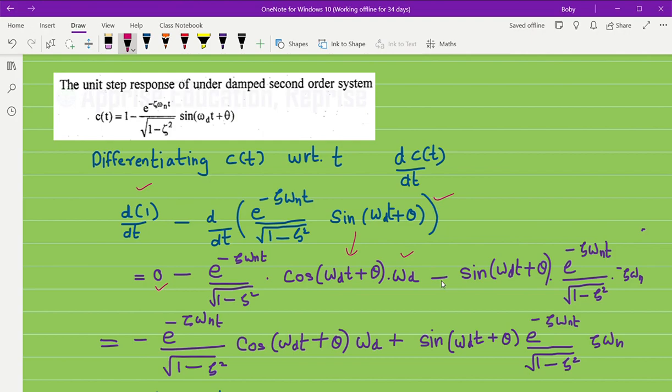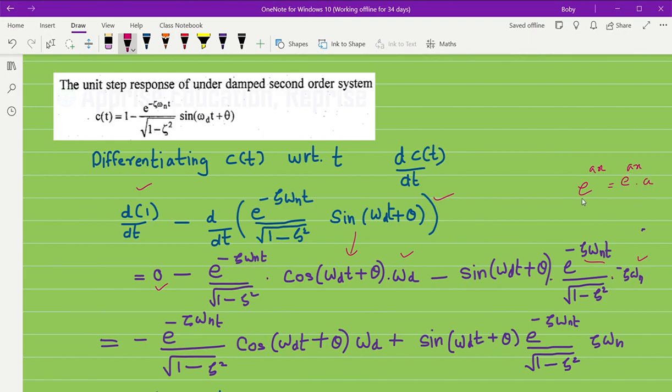minus, the negative sign is outside, so minus the second function, that is sine of omega d t plus theta, into the derivative of the first function. So the derivative of e power theta will be the same function, e raised to minus eta omega n t divided by root of 1 minus eta square, into the derivative of this exponent, that is minus zeta omega n. Okay, e raised to ax, if you take the derivative, will be e raised to ax into a.